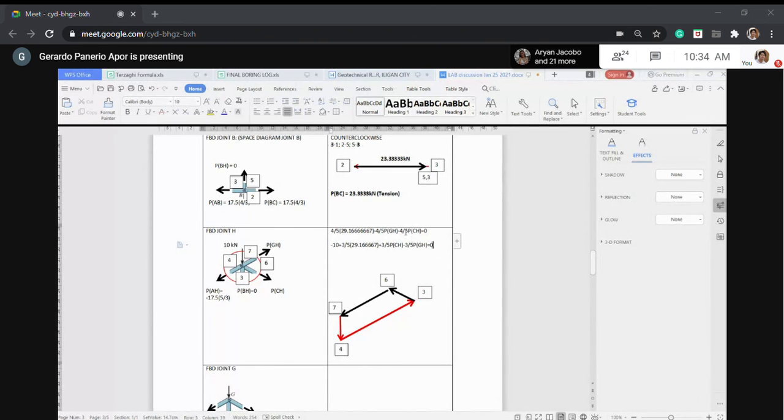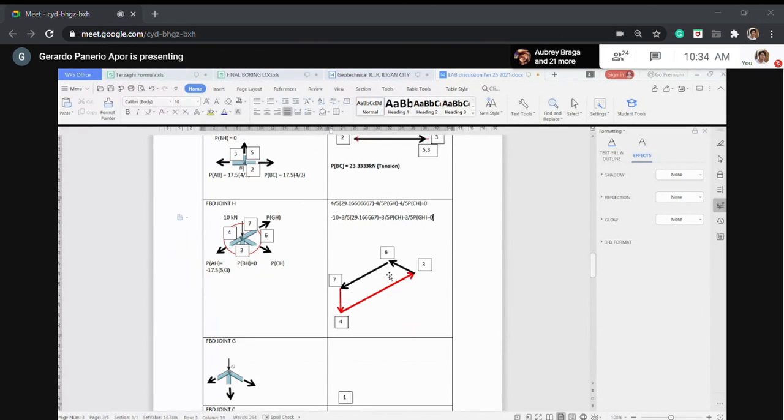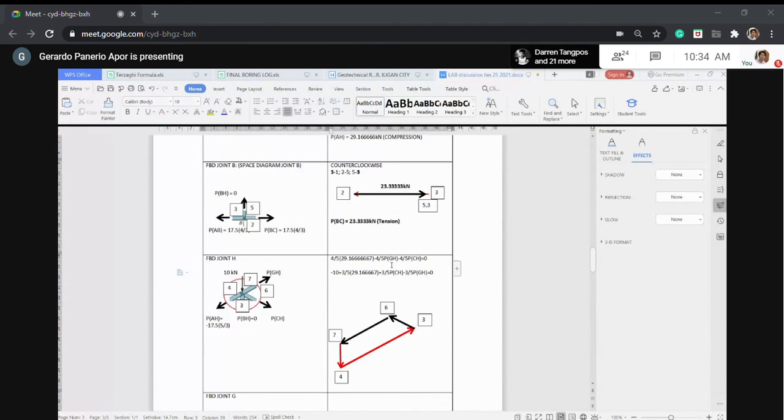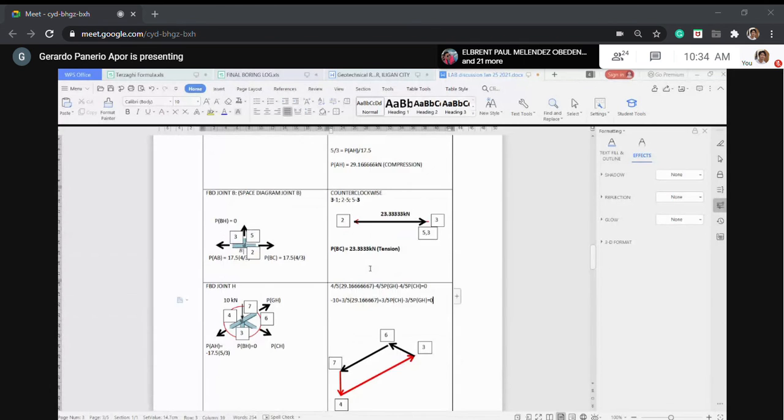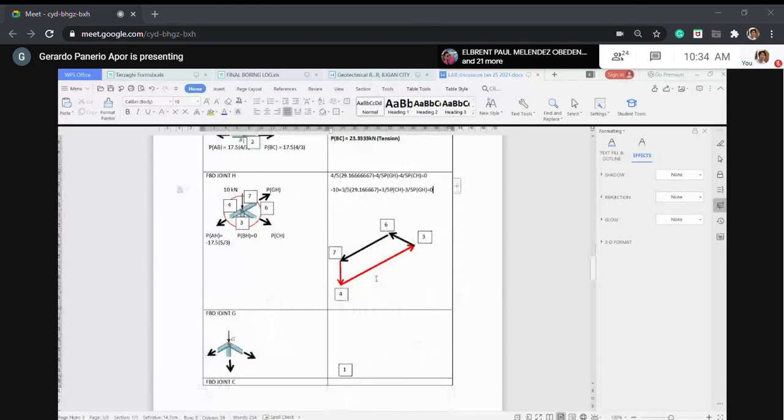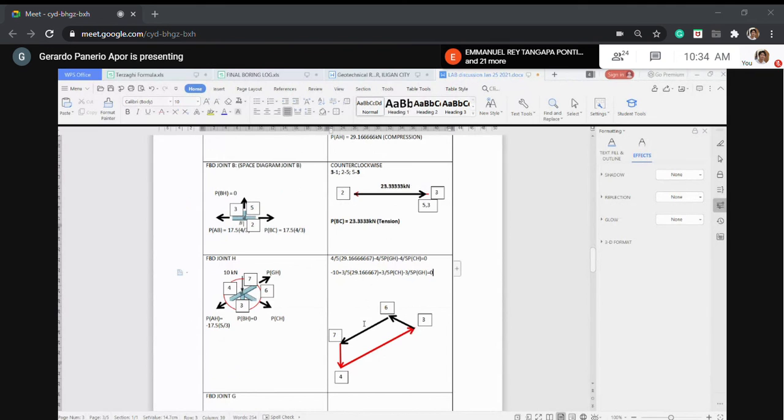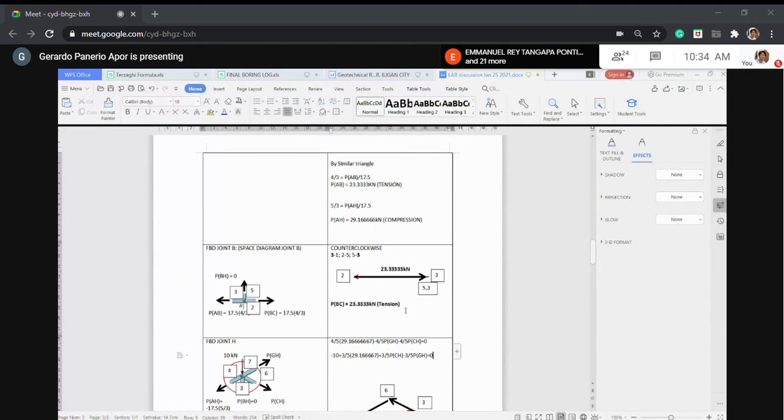Now you need two equations to solve for these two unknowns. So that is how you solve it, no? So you go through all the joints. You can also do it graphically. Now, instead of summing up forces, you need to transform the space diagram into what we call the force polygon.